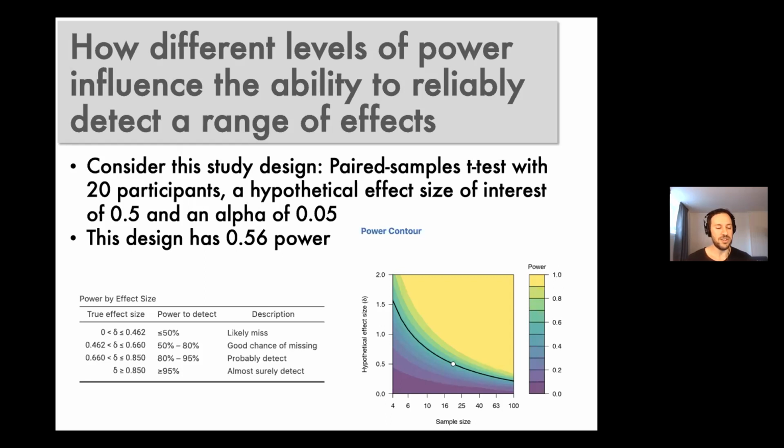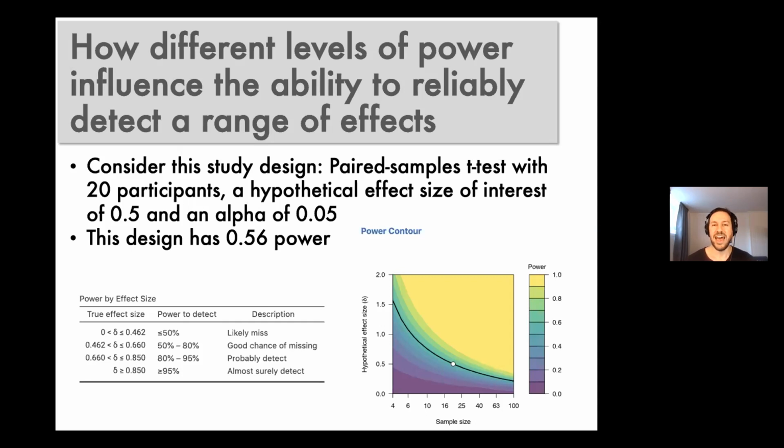And then we can actually see the likelihood of whether the power is actually going to miss a whole set of effects. So if we look down on the table here, we can see this sort of design would very, very likely detect an effect of 0.05, so quite a large effect, and probably detect an effect between 0.6 and 0.8 and 0.85. And we also have this power contour plot.